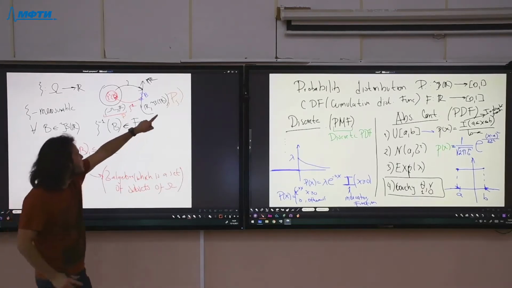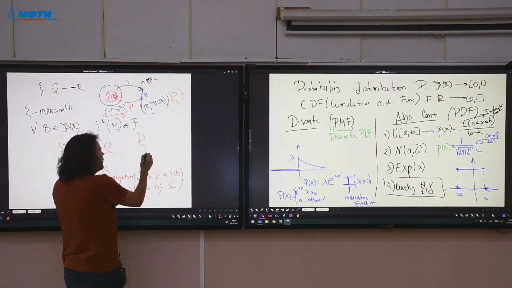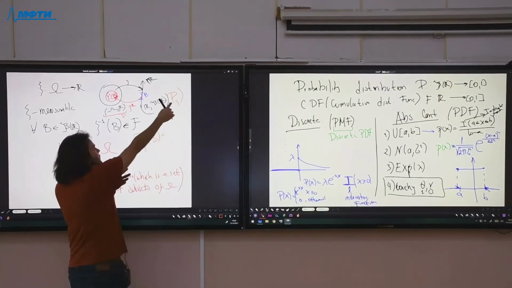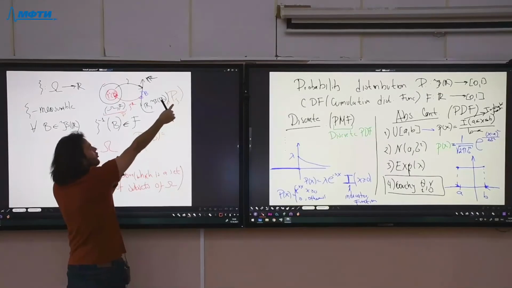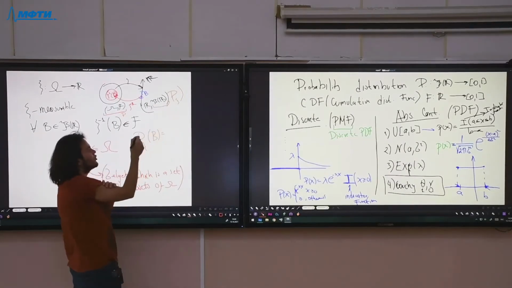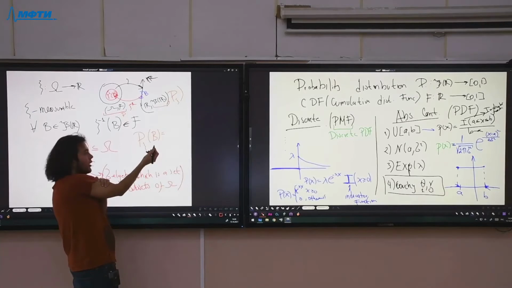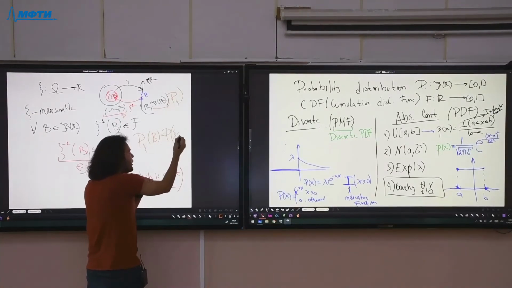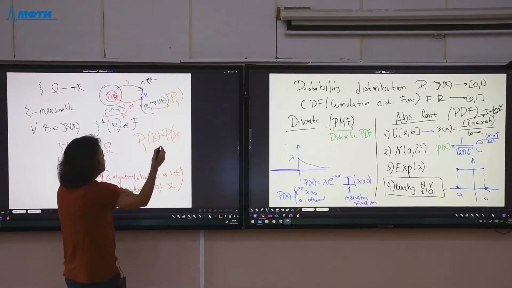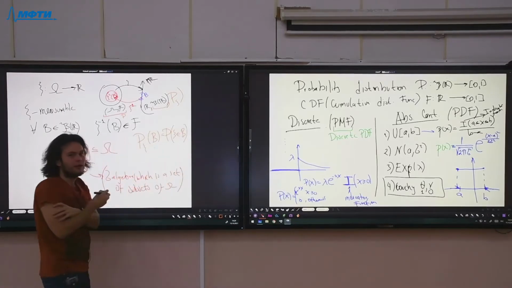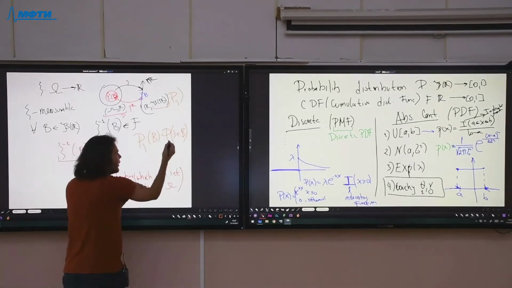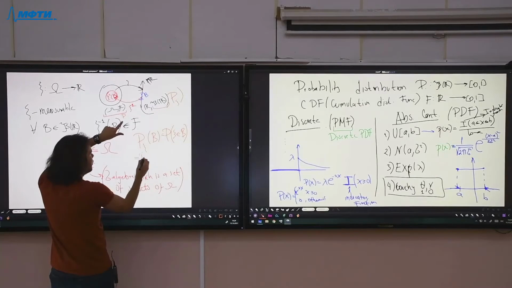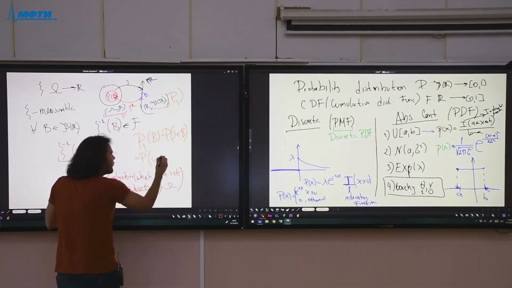So what is the meaning of this? This is here B, right? This function is defined on the sets of the Borel sigma algebra, so on every B. This means this is the probability that xi belongs to B, right? And this is equal to the measure of such omega from here.